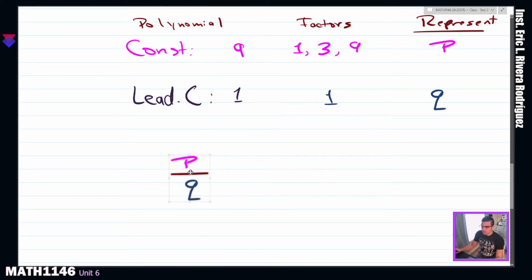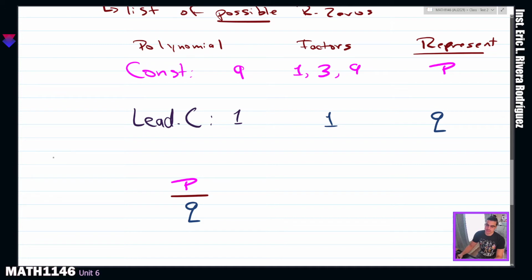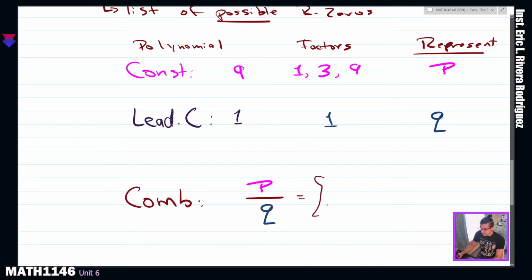Okay, so now we are going to find all the possible combinations. How are we going to create those combinations? Well, we are going to start with 1. So I'm going to create a set here, that's why I'm using the curly brackets. It will be 1 over 1. That's just 1.